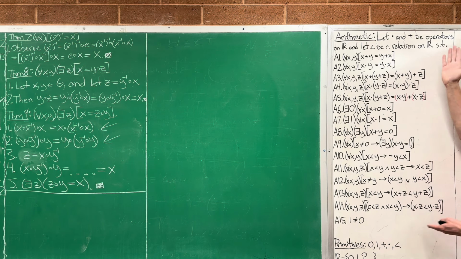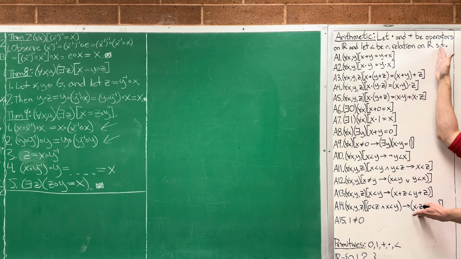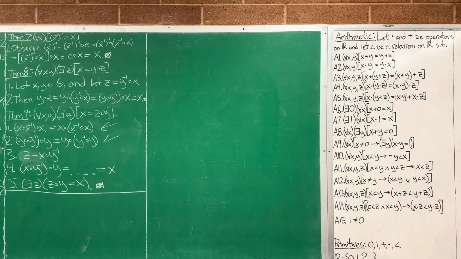Okay, now let's think for a second. What are our primitive symbols or our undefined terms? All the operators, plus and times, 0 and 1, and then the less than. Now notice so far, what do we know is in our set R? Real numbers, so based on our axioms, what do we know is in there?